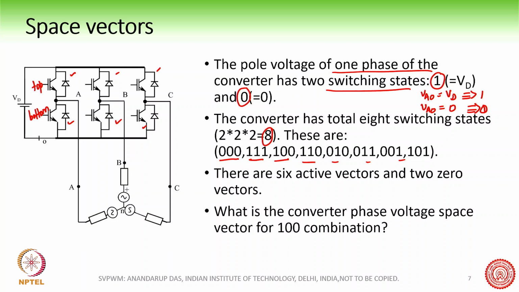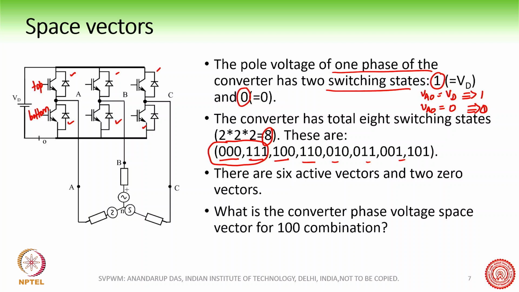Out of these 8 switching combinations, the two combinations 0, 0, 0 and 1, 1, 1 are called zero vectors, because when you use these switching combinations, the net voltage output from the converter is 0. 0, 0, 0 means you are not producing any voltage, and 1, 1, 1 is balanced, so you don't produce any voltage.